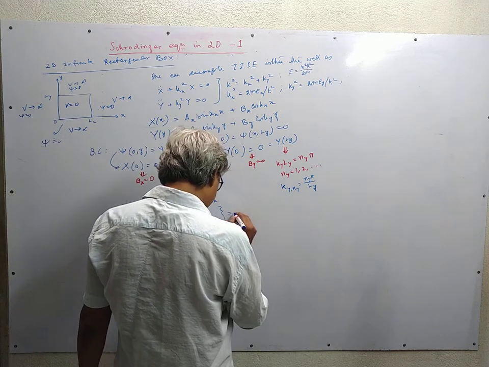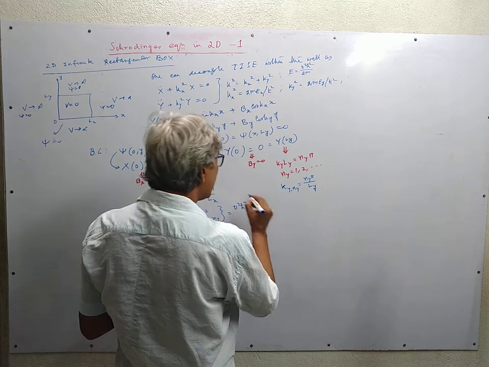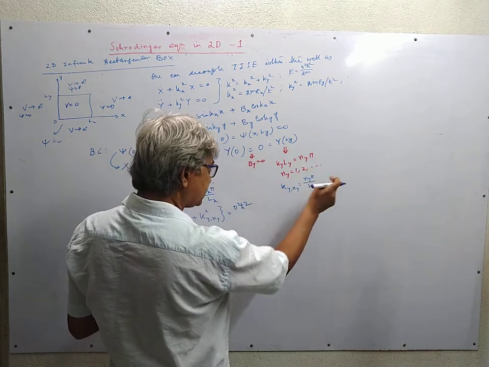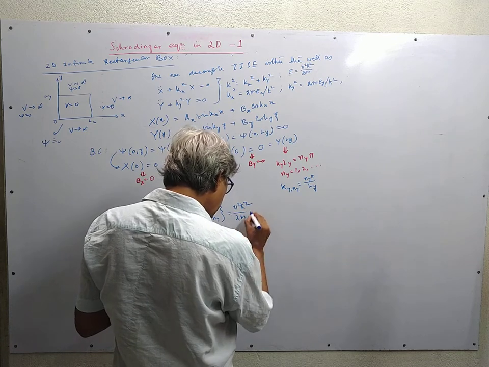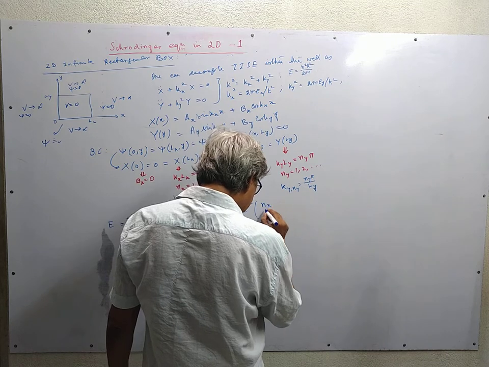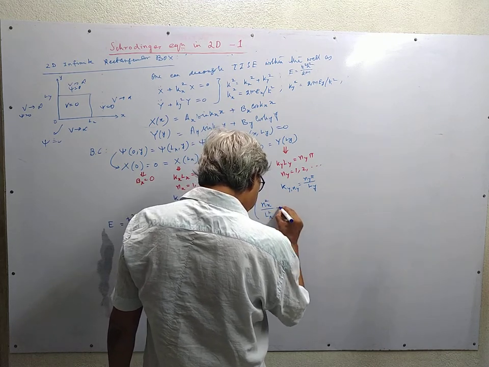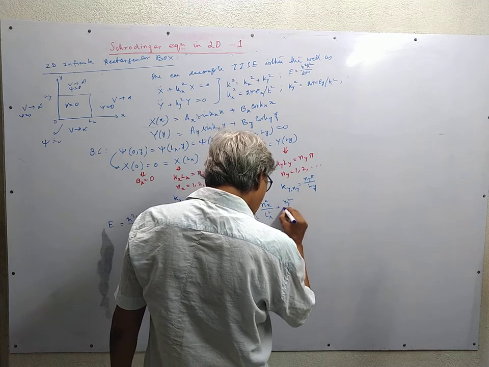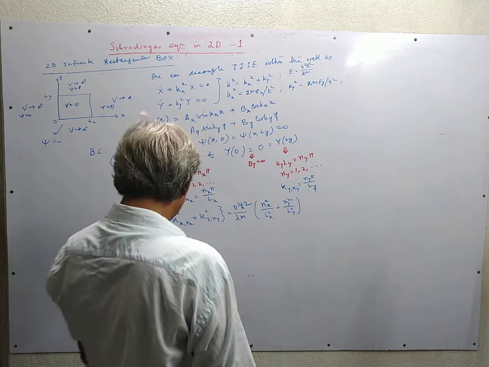Then this can be written as pi squared h-bar squared by twice m, because we use this result, times nx squared by Lx squared plus ny squared by Ly squared. This is the energy value.